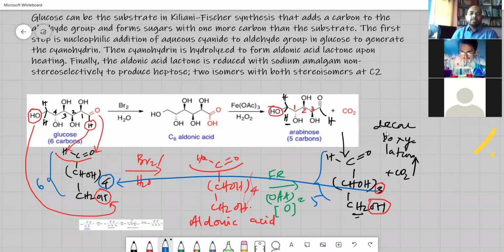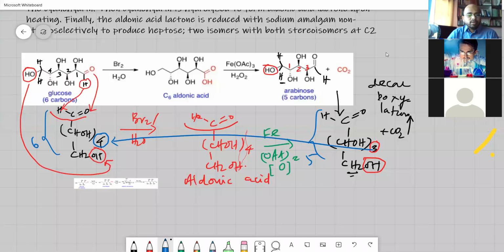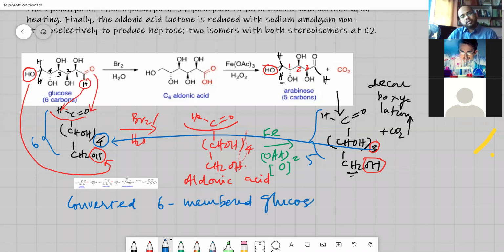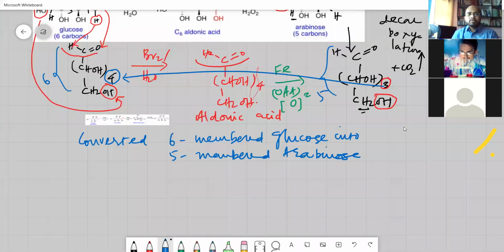Therefore, what you have done is you have converted 6-carbon glucose into 5-carbon arabinose.